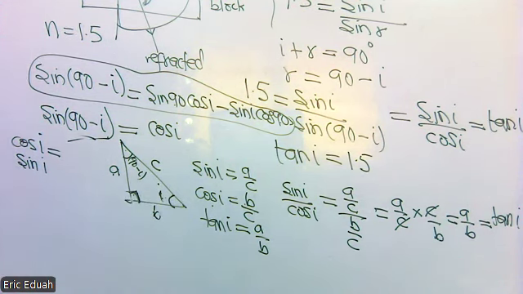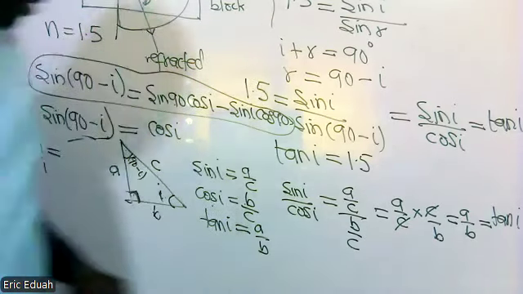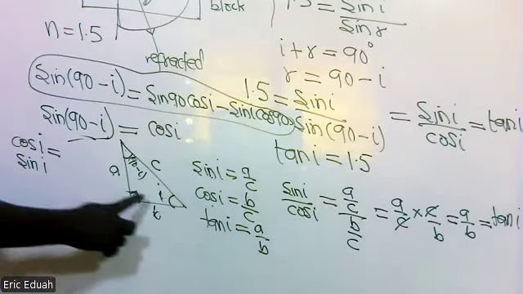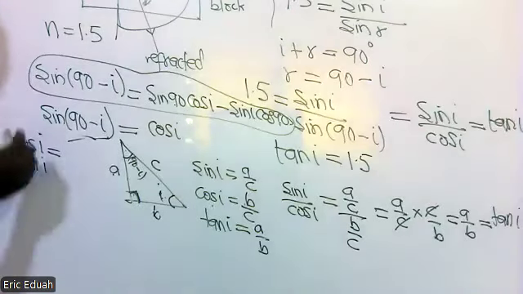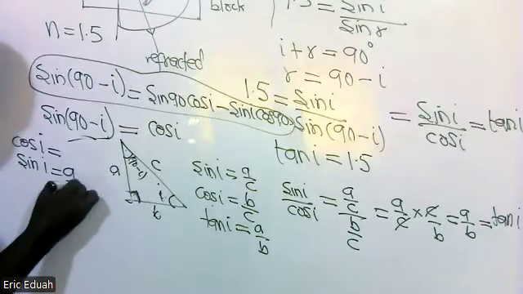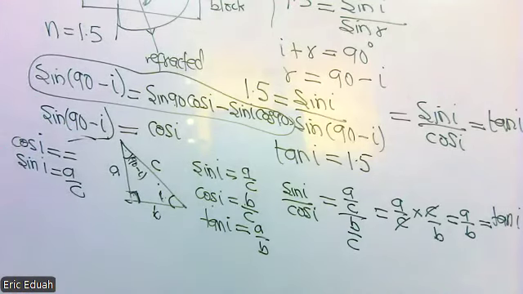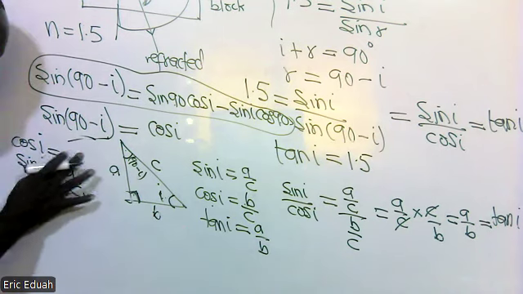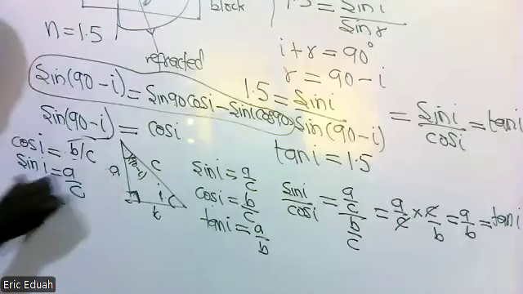Please, sine I is A over C. Thank you. So A on C. What about cos I? Cos I is B on C.